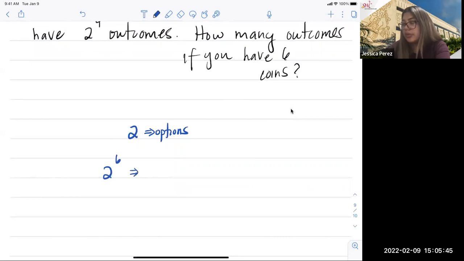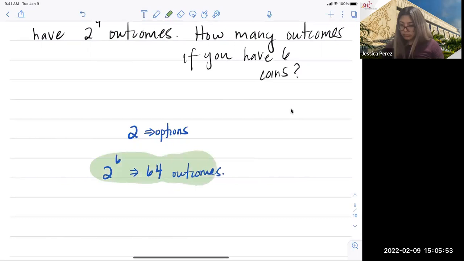So that is a total of 64 outcomes. So your solution would be 64 different outcomes if you flip 6 coins. A fair coin has only 2 possibilities, either heads or tails.